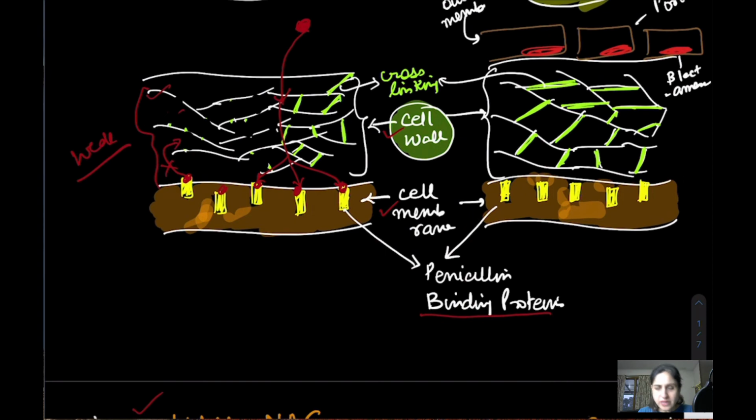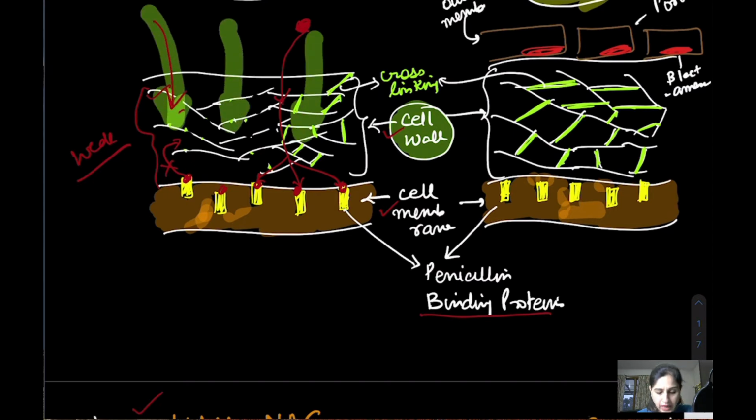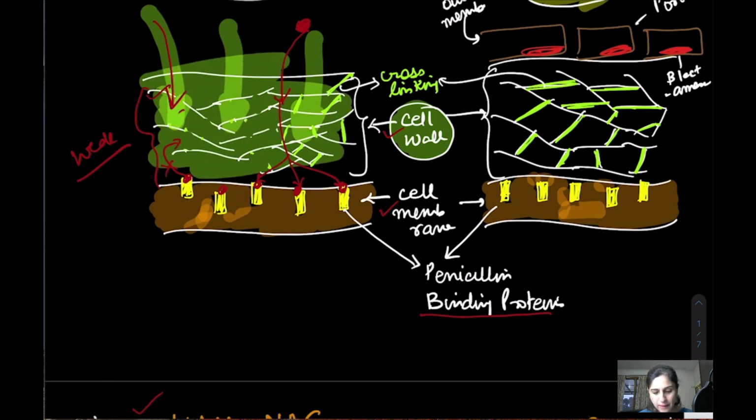The strength is lost, and when it becomes so weak, what happens? The water, a fluid from the surrounding, is going to enter. So the fluid, let's say from here, is going to enter, and this is going to make the cell really big. The cell is going to be filled with this, and it's going to swell up.